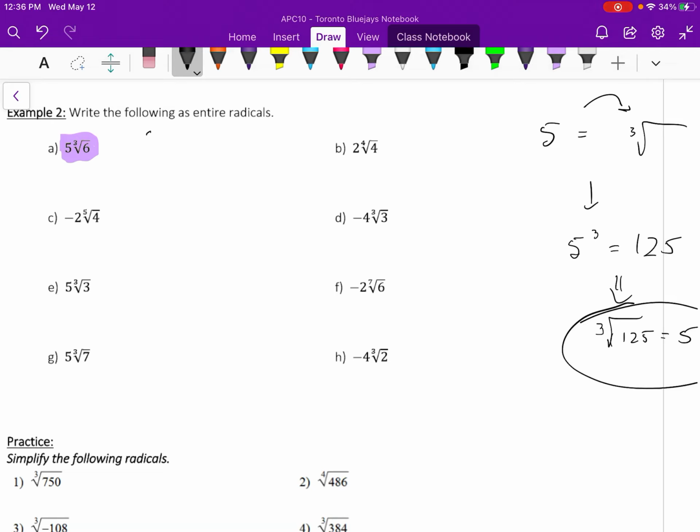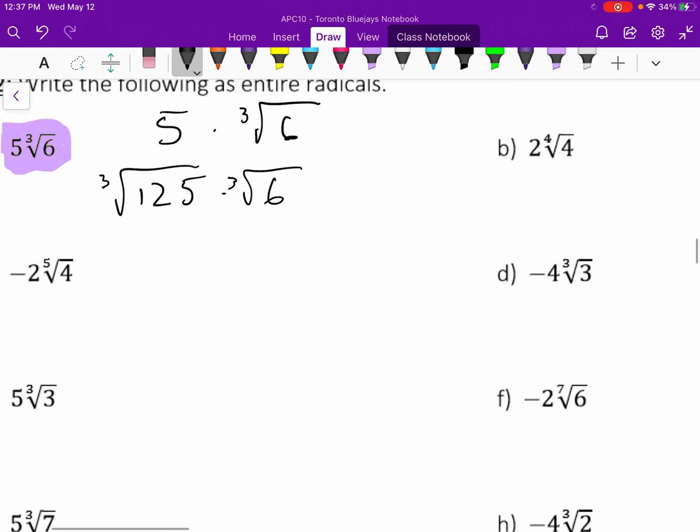So in other words, instead of writing 5 times the cube root of 6, 5 can be written as the cube root of 125 times the cube root of 6.